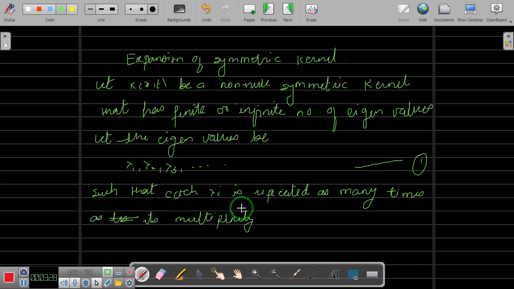And further, when you have these eigenvalues, you can always arrange them in the ascending order of their magnitude.